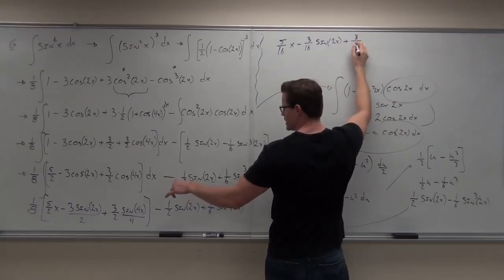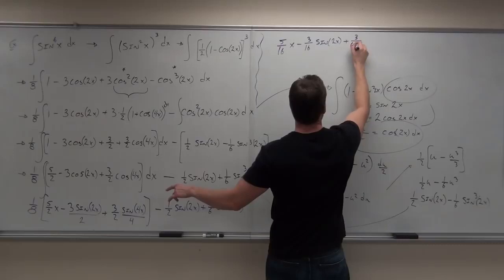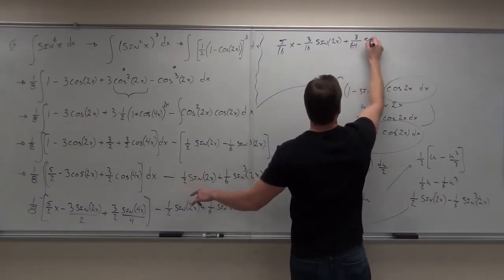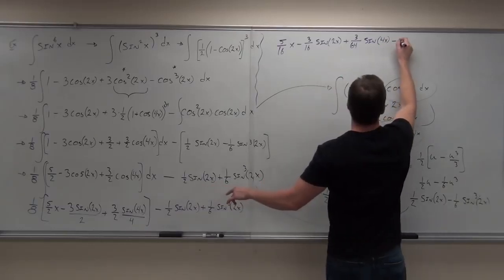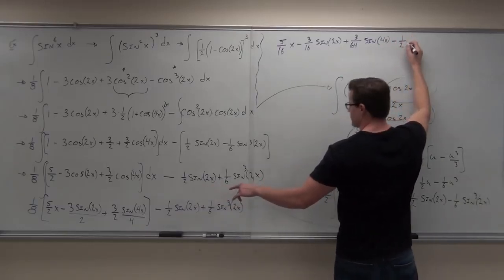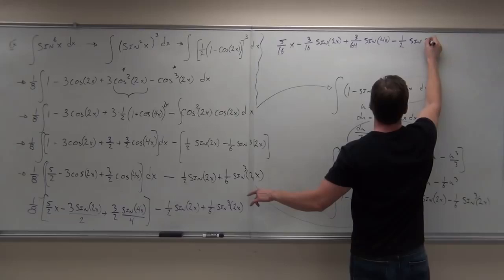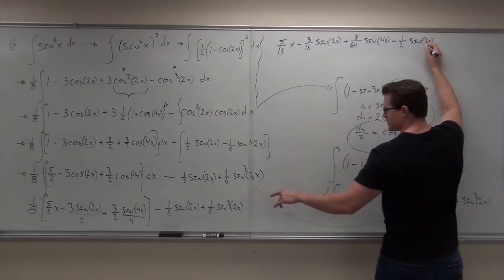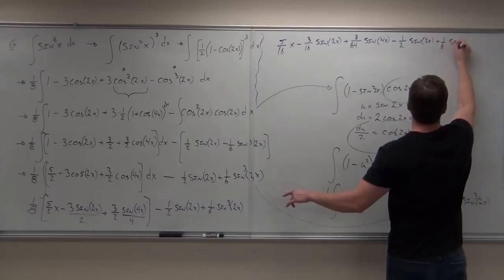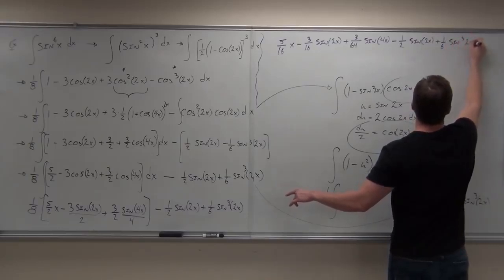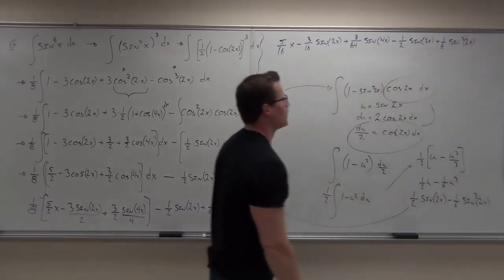Plus 3 sine 4x. Minus 1/2 sine 2x, plus 1/6 sine cube 2x. Oh goodness, all right, well, almost done.